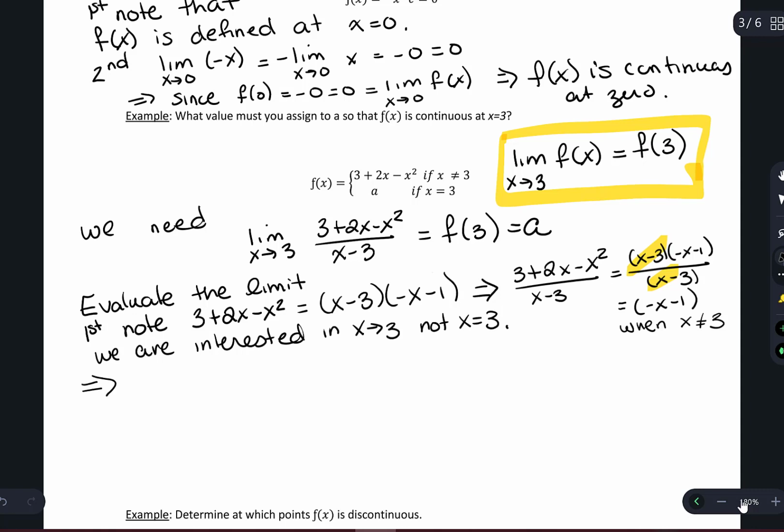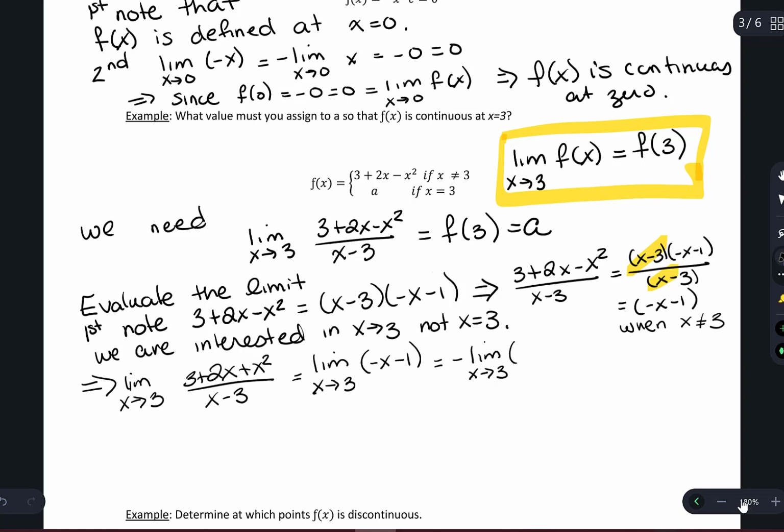So therefore, the limit as x approaches 3 of 3 plus 2x minus x squared divided by x minus 3 is equal to the limit as x approaches 3 of minus x minus 1. Notice this is equal to minus the limit as x approaches 3 of x plus 1.